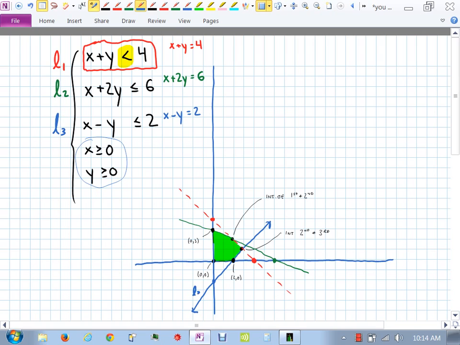So the highlighted in yellow there, that's the intersection of line 1 and 2. Do you see it or not? And then the highlighted in blue is the intersection of line 3 and line 1.